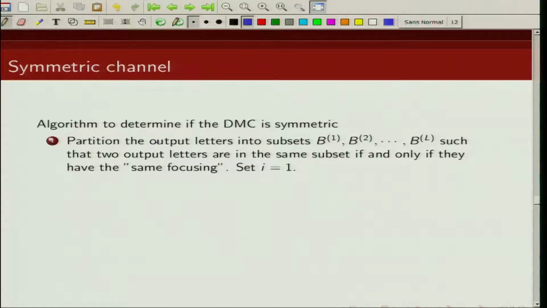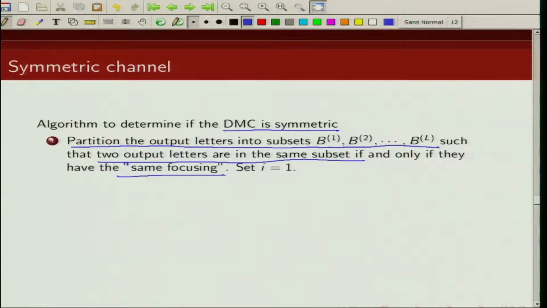We are describing the algorithm to determine whether a discrete memoryless channel is a symmetric channel or not, and a symmetric channel can be partitioned into strongly symmetric channels. So the first step is to partition the output letters into subsets B1, B2, ..., BL such that two output letters are in the same subset if and only if they have the same focusing.